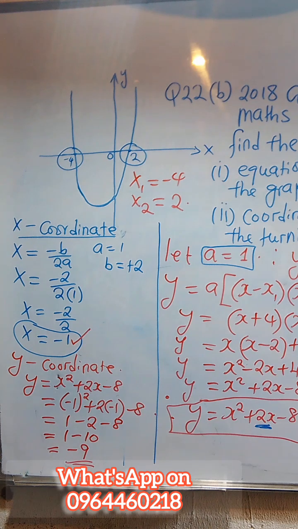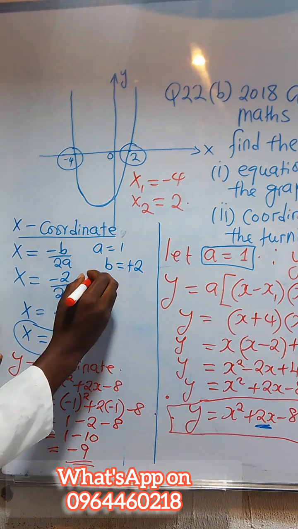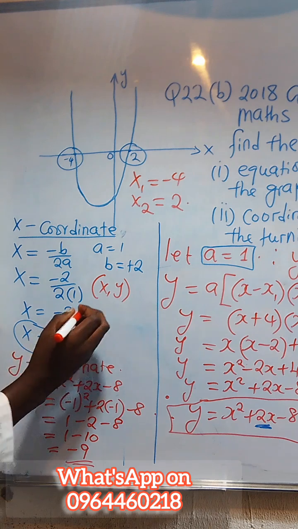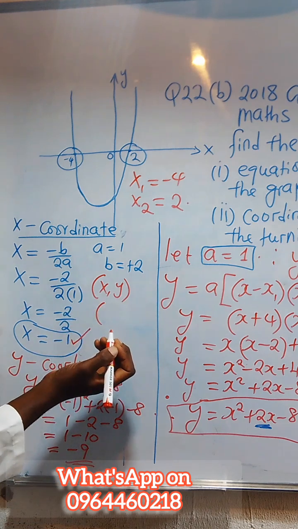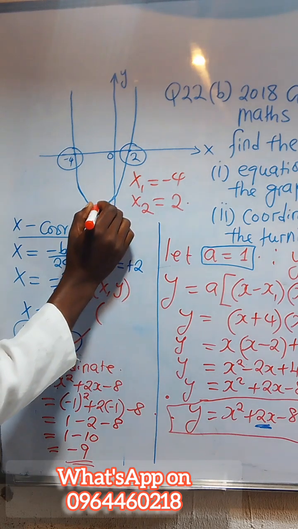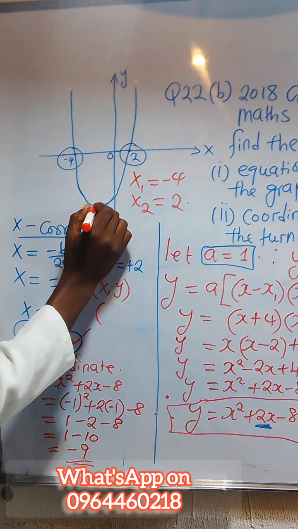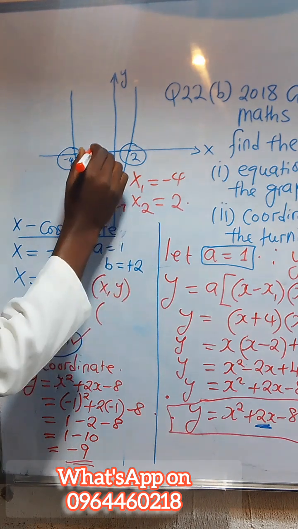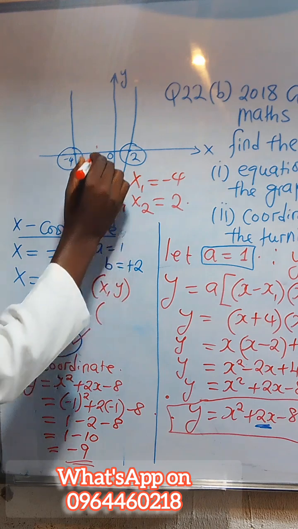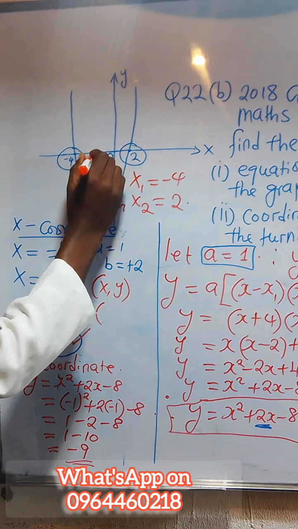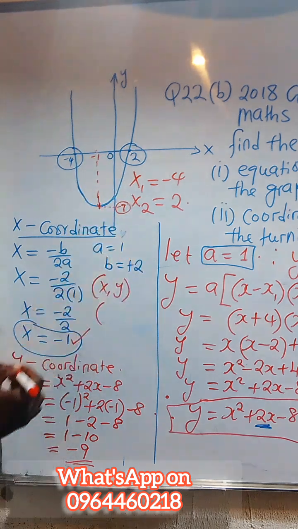Finally, we can conclude the coordinates: on the graph, x is negative 1 and y is negative 9.